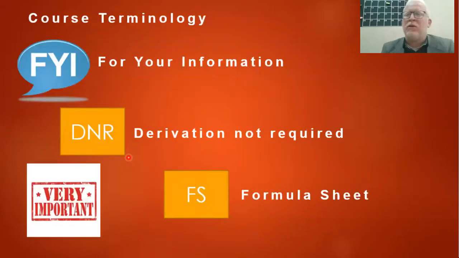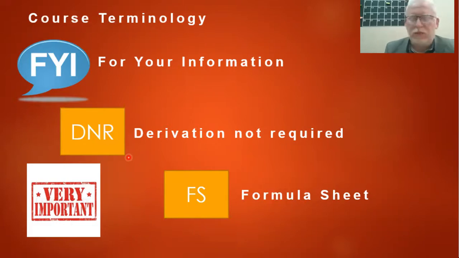These are some symbols. I will try to use them from time to time in my slides. FYI, for your information, means that this is not a part of your final exam. DNR, or the revision, is not required, so you will not be asked to do the revision. You can just follow it to understand the theory.